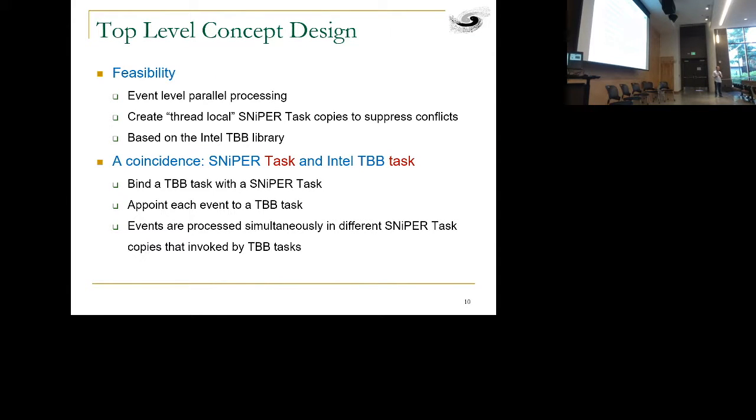There is a class named task, but SNiPER Task has an uppercase T. Then we can bundle a TBB task with a SNiPER task, and each event can be pointed to a TBB task. Then events are processed simultaneously in different SNiPER task copies, invoked by the TBB task.